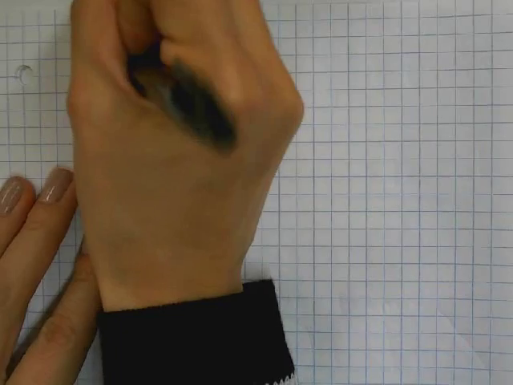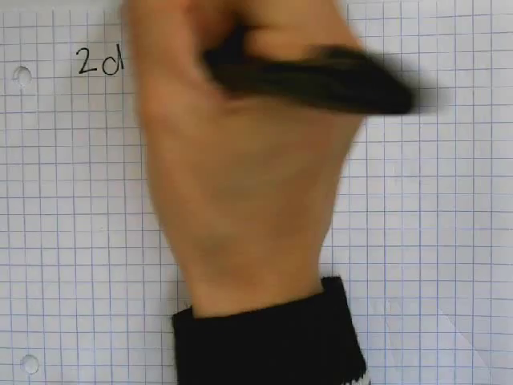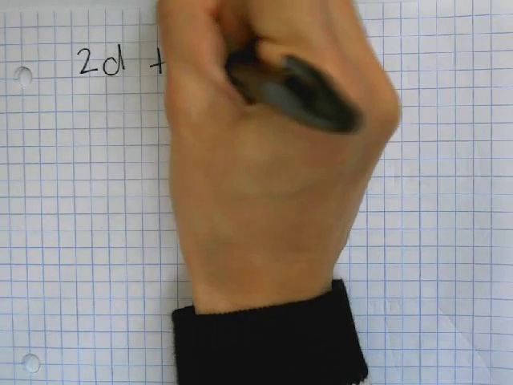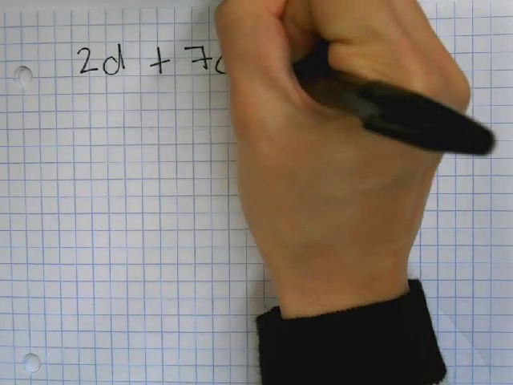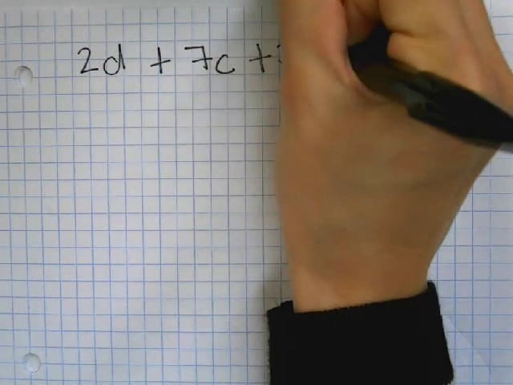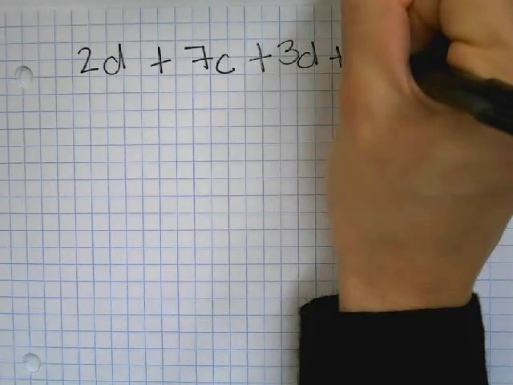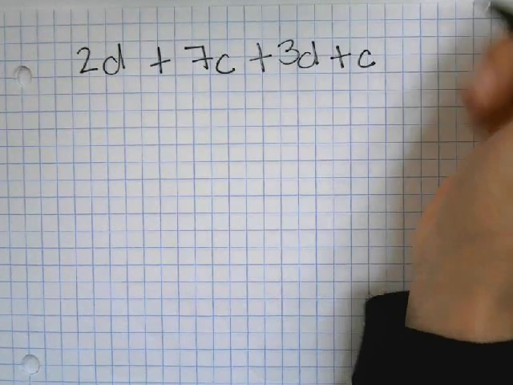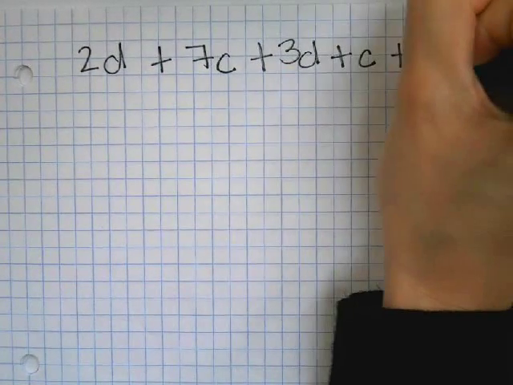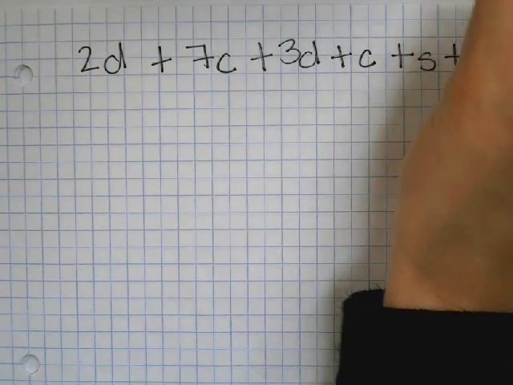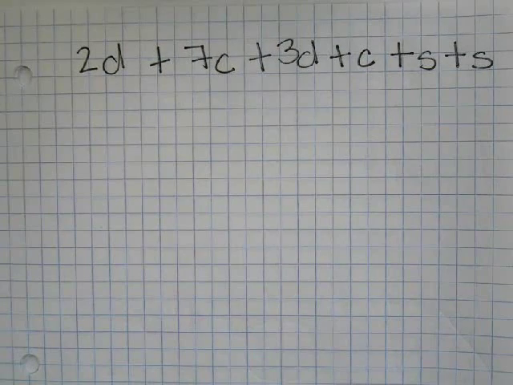Okay, let's write this one down. 2D plus 7C plus 3D plus C plus S plus S. Okay, write it down.